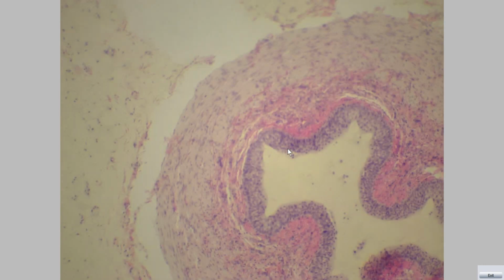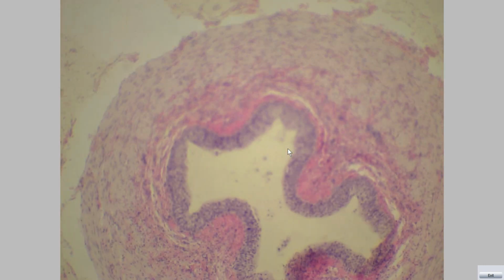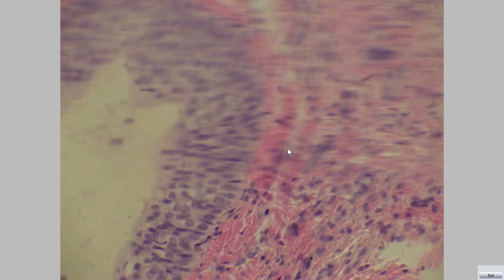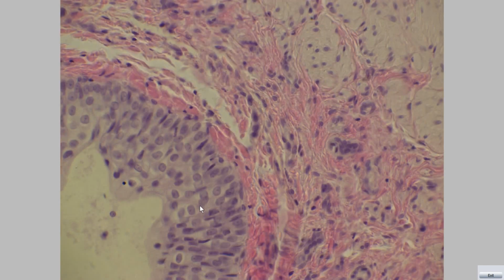At higher magnification, we can see the mucosa consisting of transitional epithelium, also called urothelium, beneath lamina propria of connective tissue.